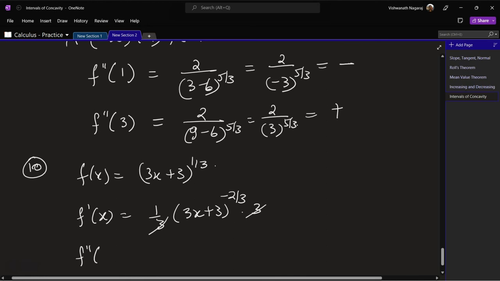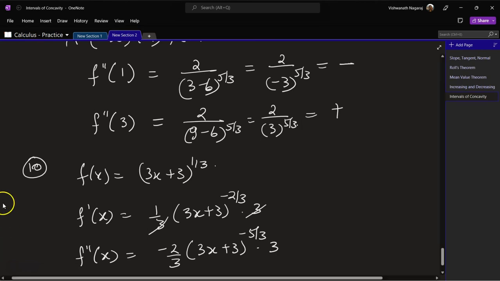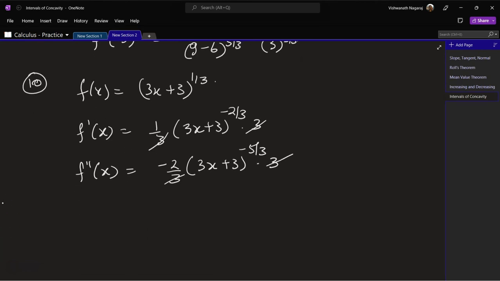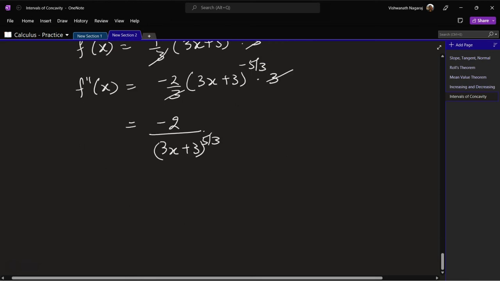Okay, f''(x) is going to be -2 by 3 times (3x + 3) to the power of -2 by 3 - 1. So -5 by 3 times 3. So again 3 and 3 cancel, and we have -2 by (3x + 3) to the power of 5 by 3. Again, we can't equate it to 0, x disappears.